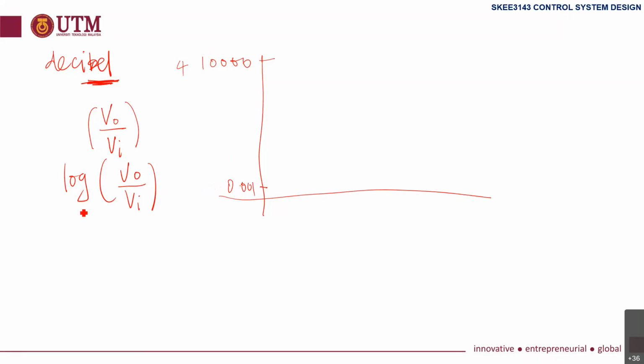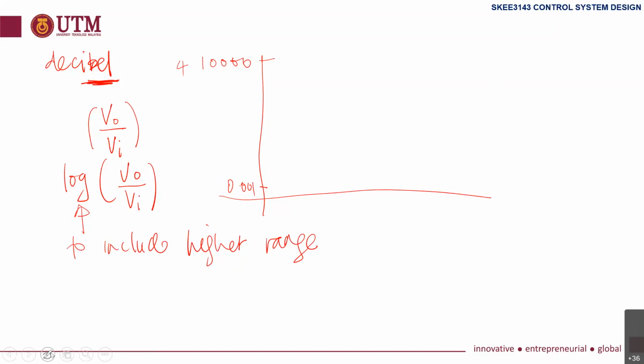So we use log in order to include a higher range. Otherwise it will be difficult to plot. So that is where Bel comes in.